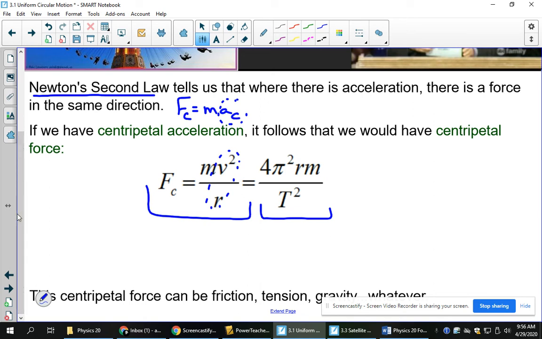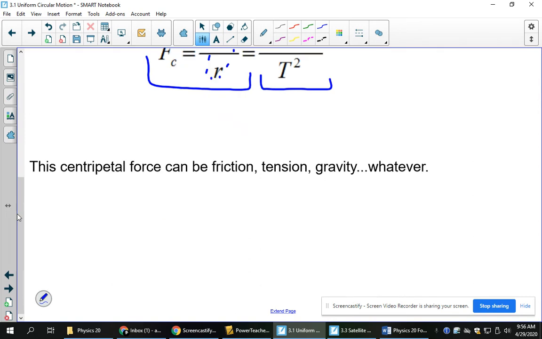The centripetal force can be friction, tension, gravity, whatever. We're used to setting up our F net equations from unit 2. That's just talking about what are all the forces acting in this question. When you have a question that's going in a circle and you want to set up your F net equation, it looks a little bit different in this unit.